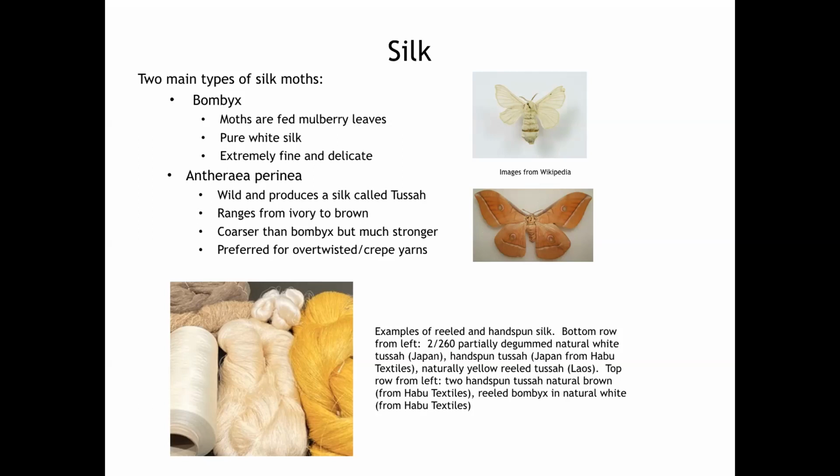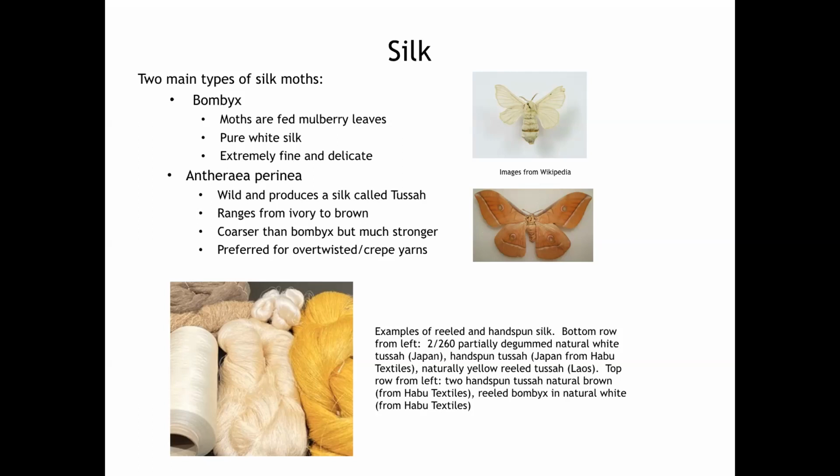If you look at the picture here, and you look at the little bitty skein on top, you'll see that that's a bombyx silk, and that's from Habu Textiles. I double checked with her to make sure, and yes, indeed it is bombyx. And you see how bright the white is compared to the other ones around it that are Tassa silks.